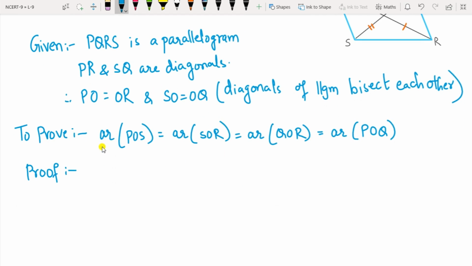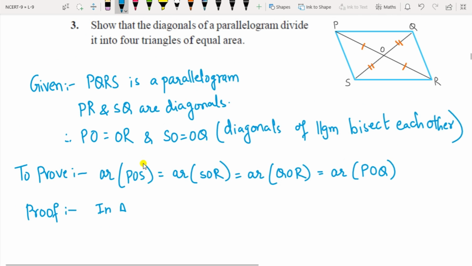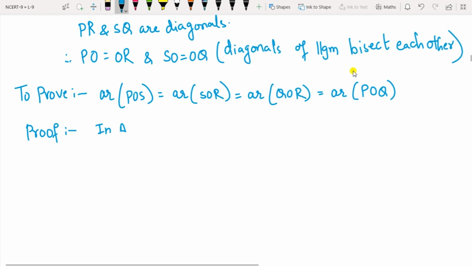So we will consider now triangle PQS. In triangle PQS, PO is the median.